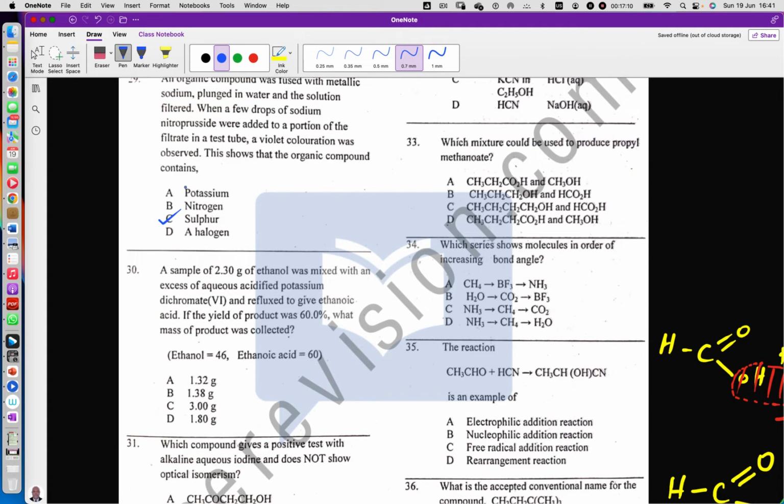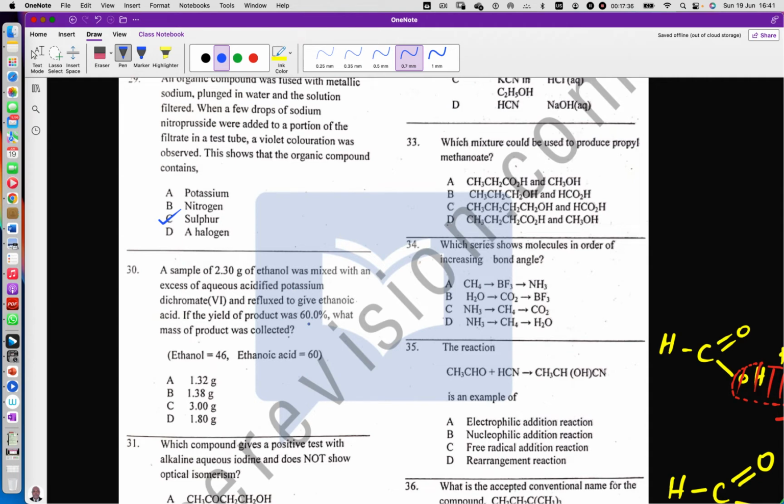Very, very simple as you look at it. So what is happening here is, this is the sample. It was mixed. The process of doing this is a reflux.